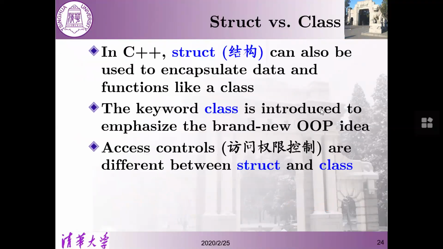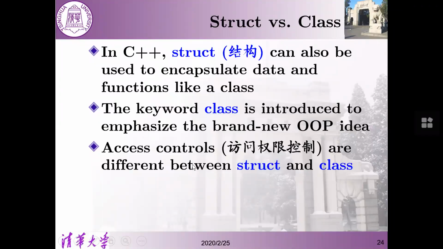Now we learn struct versus class. We just learned that the struct was already introduced in the C programming language, right? So in the C++ language, the language inventor wanted to use some new keyword, so he introduced this class for this special structure.